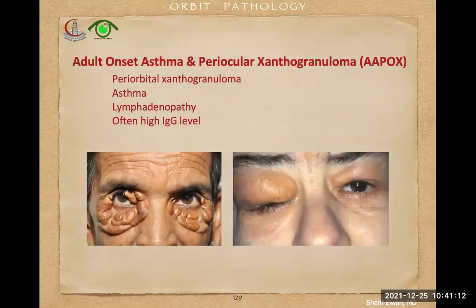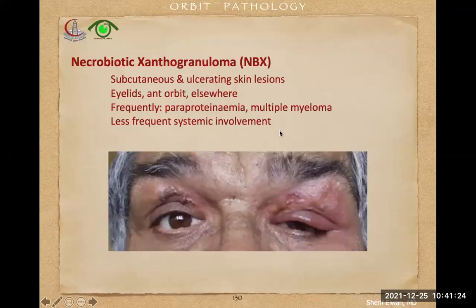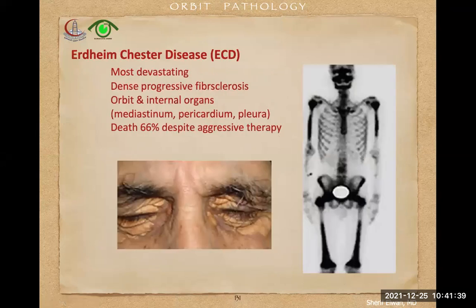This one is a more pronounced disease with asthma and lymphadenopathy, high IgG level, very big masses, and with asthma, and the necrobiotic type, which is accompanied by necrosis of the skin with multiple myeloma and less systemic involvement.